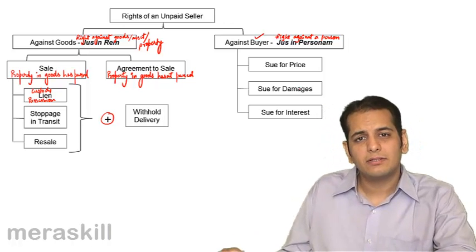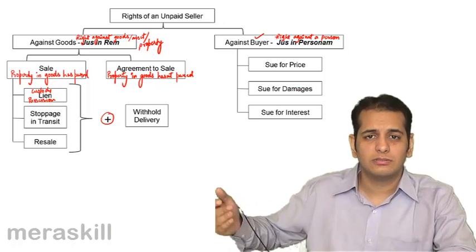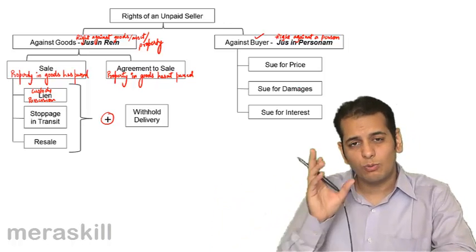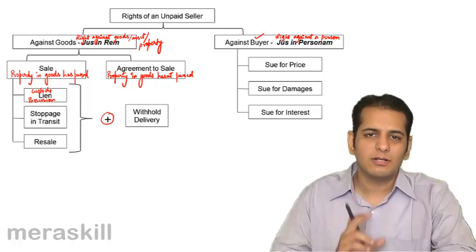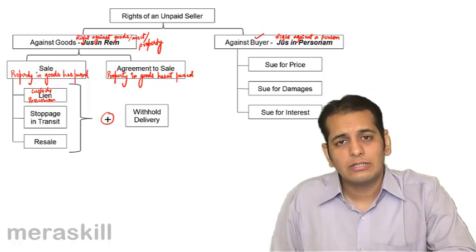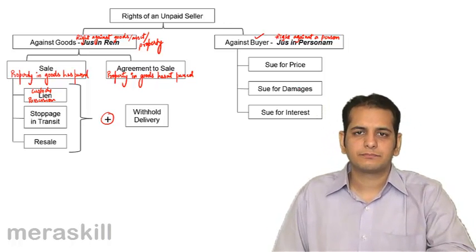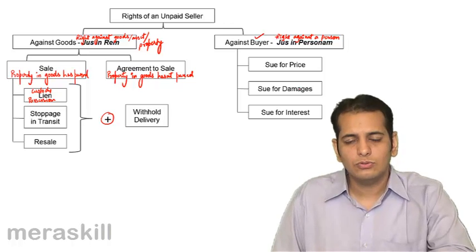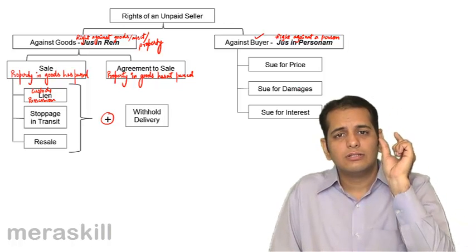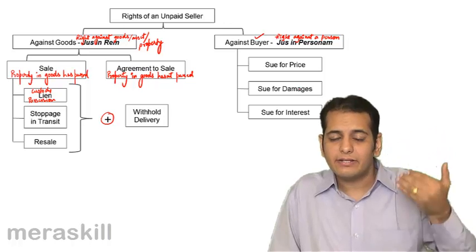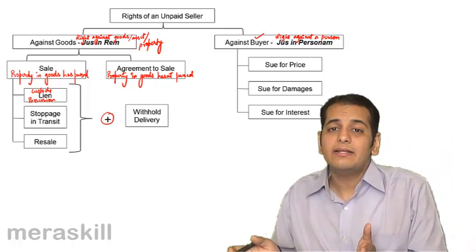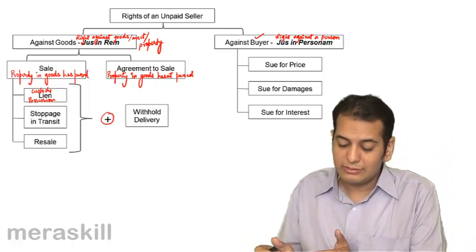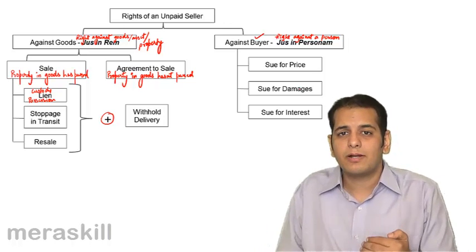Buyer is not paying the price. Let's say it's been 2 months, now it's been 4 months, 6 months. So whatever the period it is, he may recover the interest for delayed payment. So this is the right which he will get for delayed recovery of price. But for this, it is important that he recovers the price.